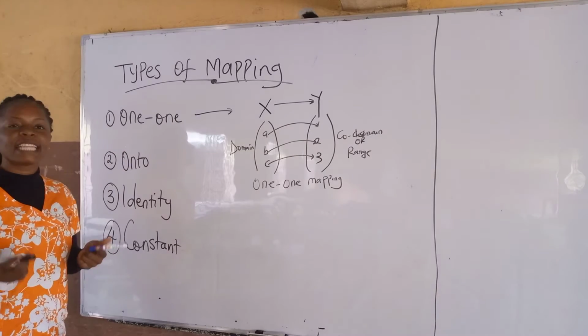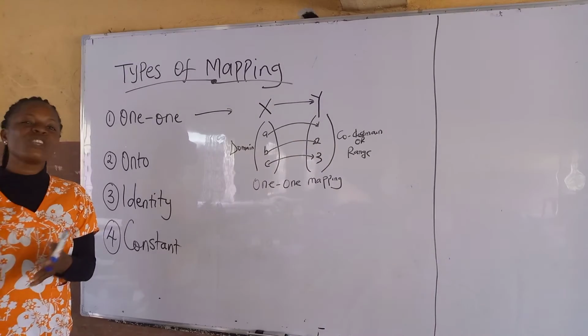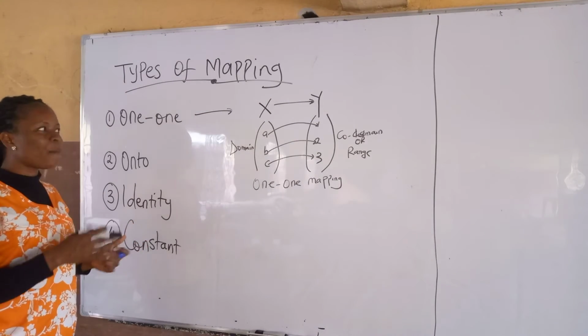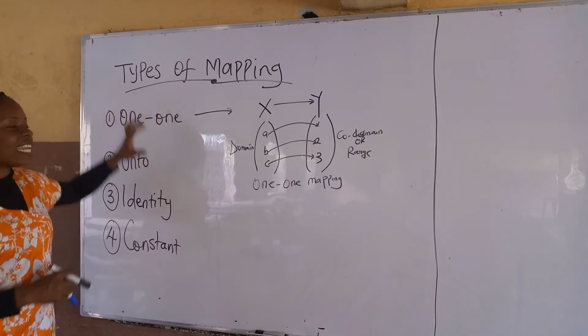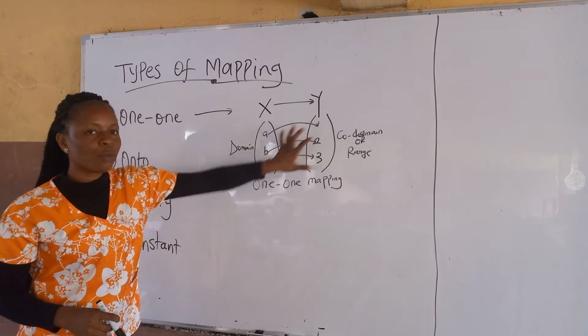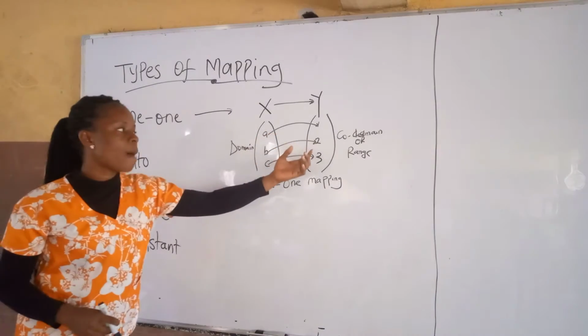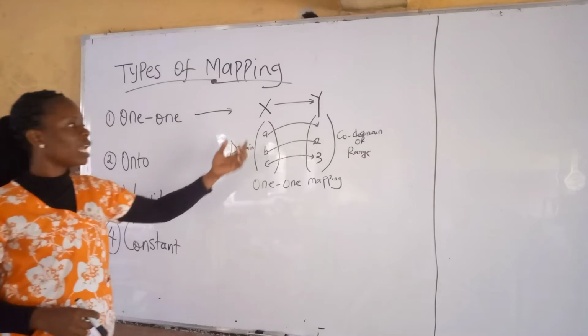An onto mapping is a type of mapping in which every element in the codomain has a unique image in the domain. Remember, one-to-one mapping was that every element here has a unique image in the codomain. But the onto mapping says that every element in the codomain must have an image in the domain.